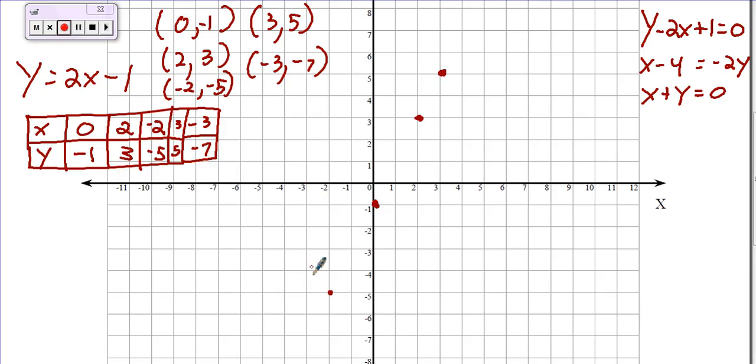And I have negative 3, negative 7, so way down here. And then I can connect them into a line. All right? I graph my points. It's a graph of a mathematical line, and it indicates where my line is in my question.